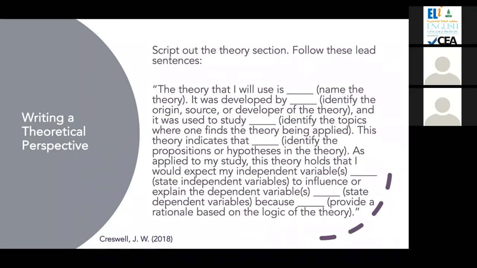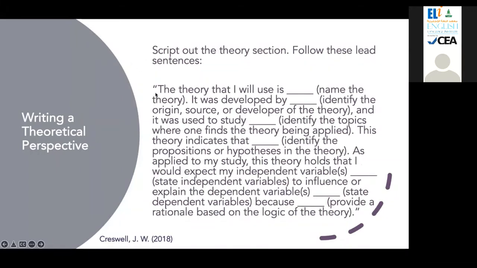And it was used to study. Sometimes you adapt a theory that was used to study something different than your study, but you state that it was originally meant to study something, but you thought it's related to your research, and you show the relationship and say how and why you chose it.